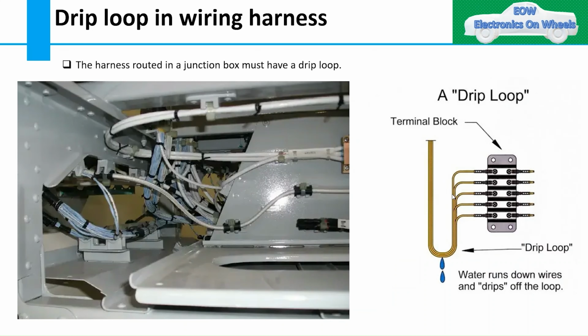Then coming to the junction box. Suppose you have the junction box, and this is one of the best examples, a live example you can see here. The designer has given this particular wire routing like this, right? So what is the purpose?